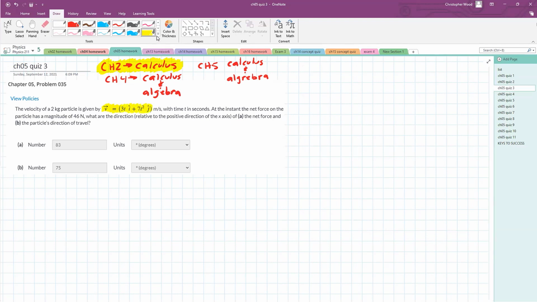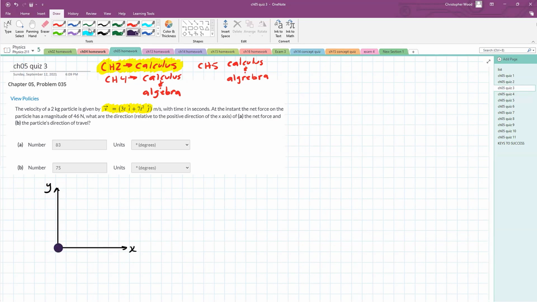All right, and I'm thinking this is a job for calculus for one reason, that function right there. And I might be wrong, but at least that's my thought process. We have a 2 kilogram particle. So let's draw this two-dimensional motion. This is y, this is x. So I have a 2 kilogram particle, which I will place right here.